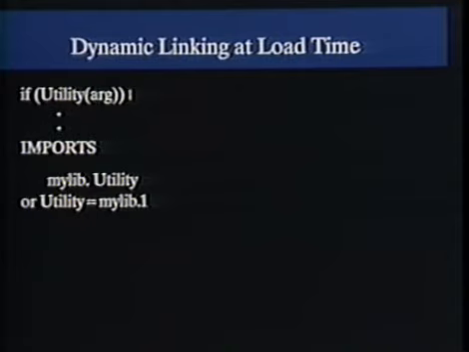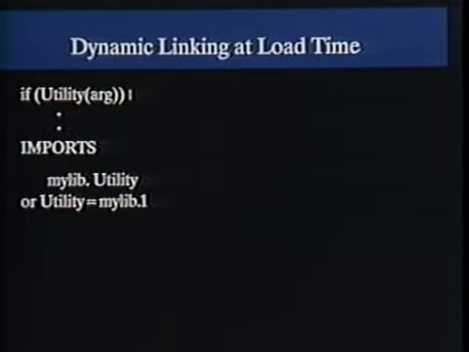At link time, I need to resolve for the linker where this code is. The way to do that is in the definitions file for the application itself, I tell it that I'm going to import it. And that's the piece down at the bottom of the slide.